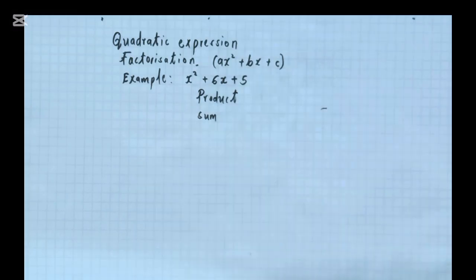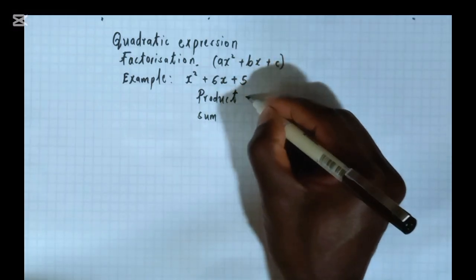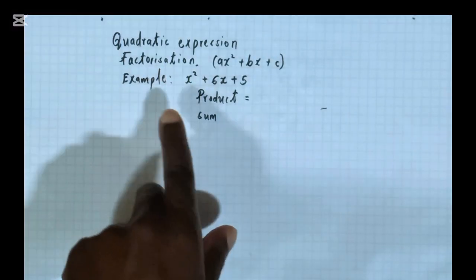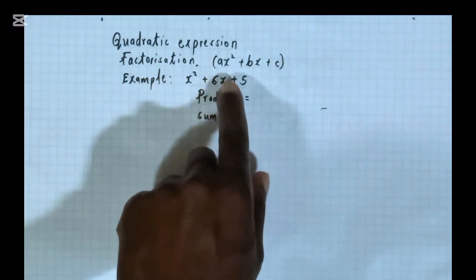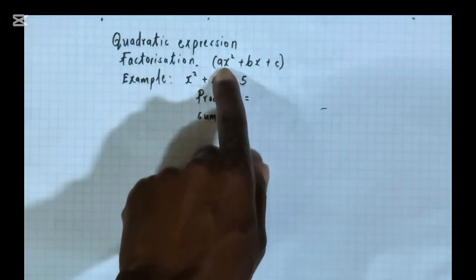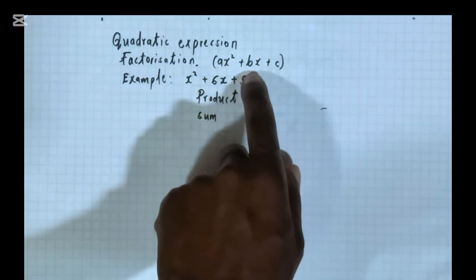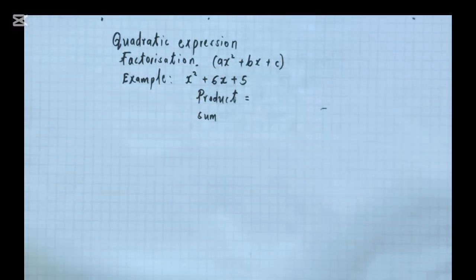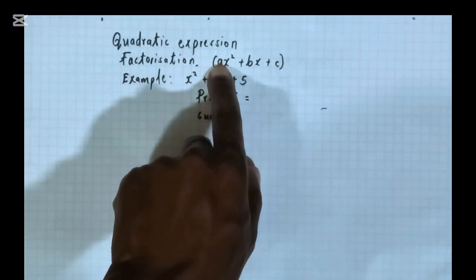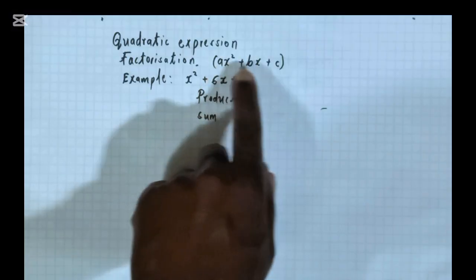When you talk of product, we always talk of the product of a and c. Remember that a quadratic expression is in the form ax squared plus bx plus c. So we're talking of the coefficient of x squared, which is a, times c.